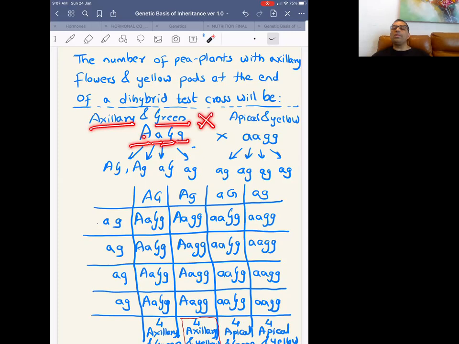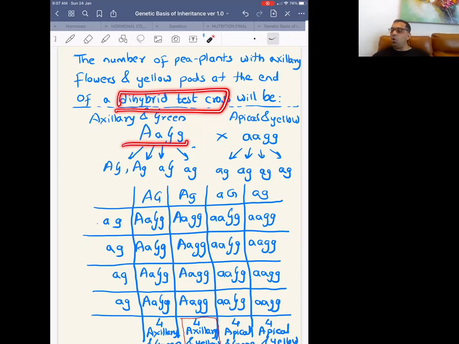So a double heterozygous dominant is crossed with a double homozygous recessive, and that is a dihybrid test cross. So what is a dihybrid test cross? A double heterozygous dominant is crossed with a double homozygous recessive.